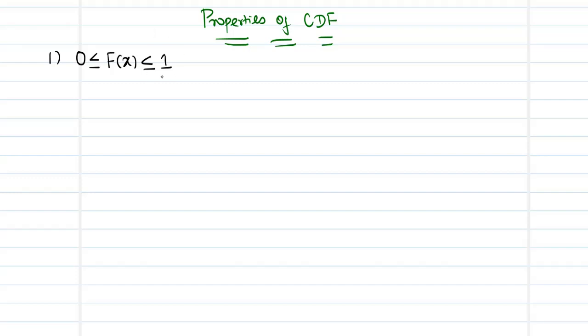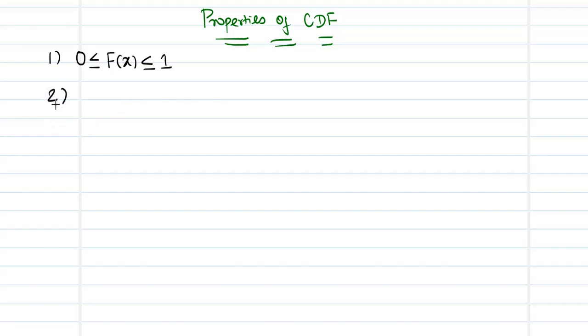Why is this equal to 1? Because when we add all the probabilities, the summation value is always equal to 1, or the integration value of f of x is always equal to 1. So the cumulant always takes its values between 0 and 1.